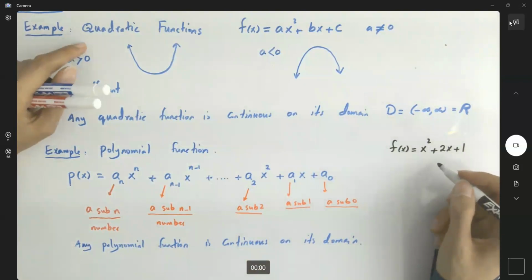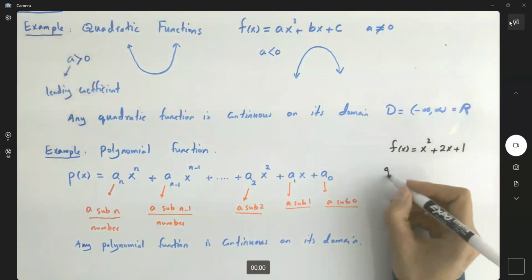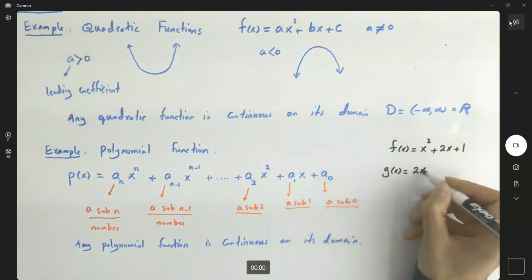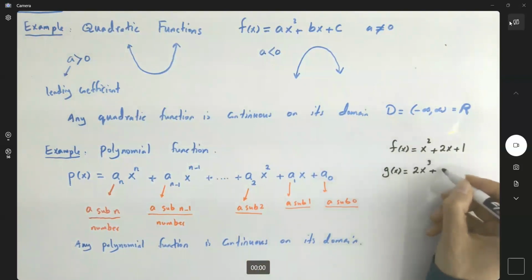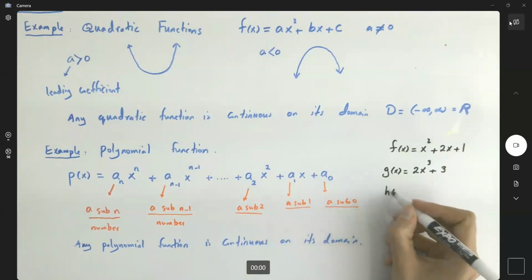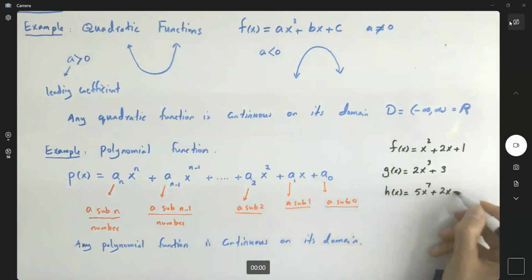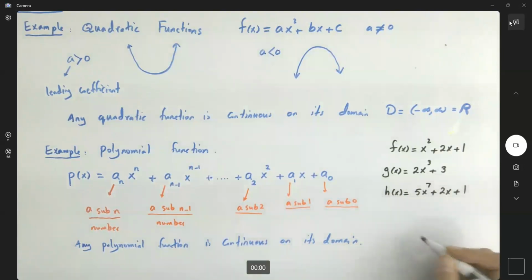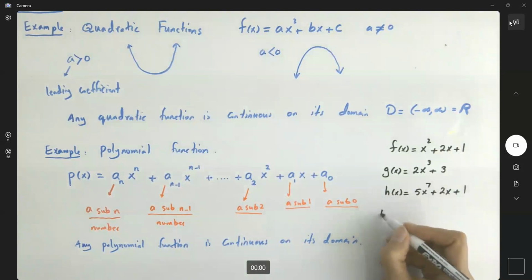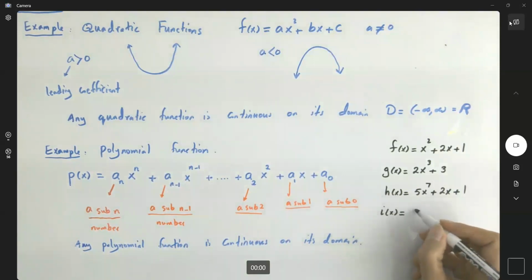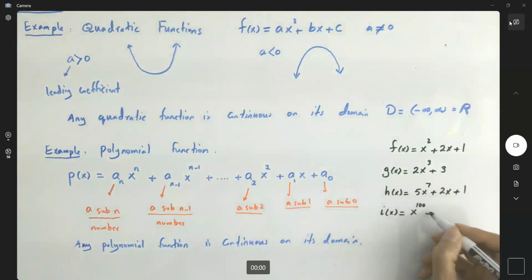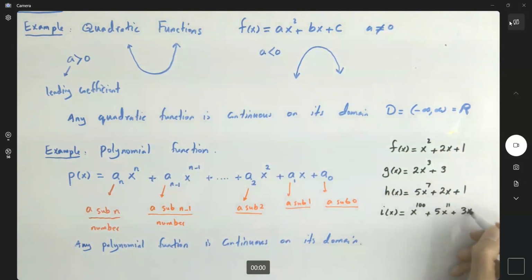We remember this function as a quadratic function. g of x is equal to 2x³ + 3. h of x can be written as 5x⁷ + 2x + 1. i of x can be written as x¹⁰⁰ + 5x¹¹ + 3x + 9. So these are examples of polynomial functions.